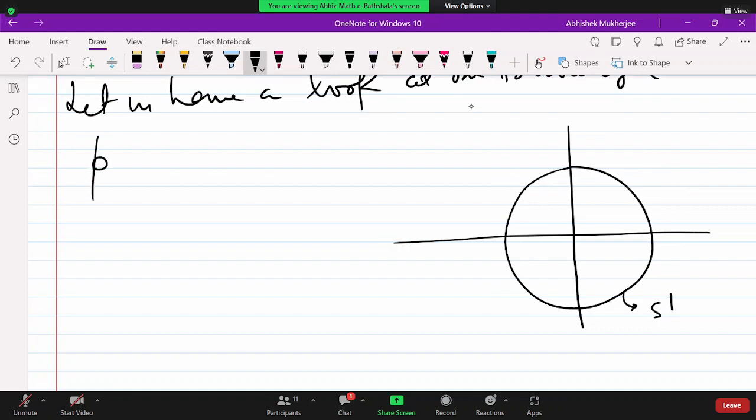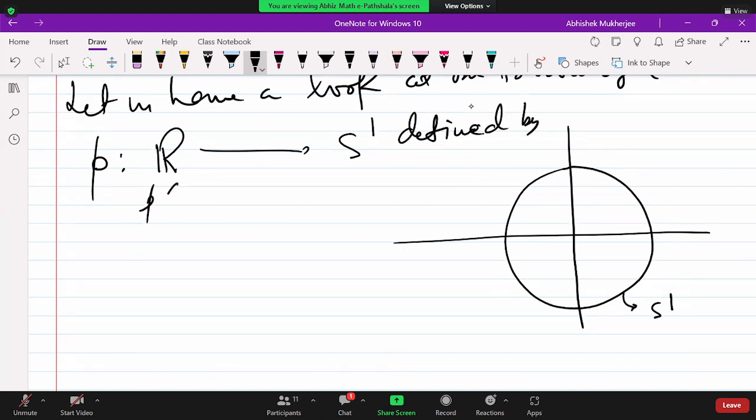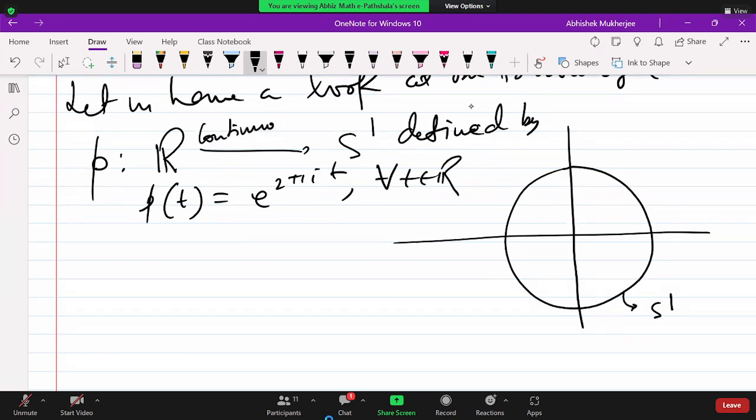So let us call it P from the real line to S1. By means of this map, P of t equals e to the power 2 pi i t. And certainly this is a group homomorphism and it is also a continuous surjection, right?